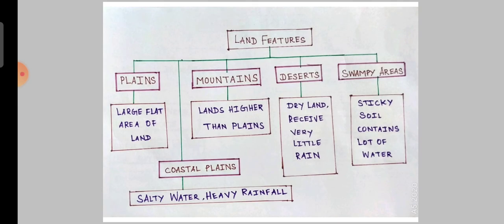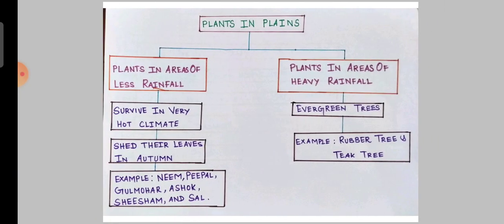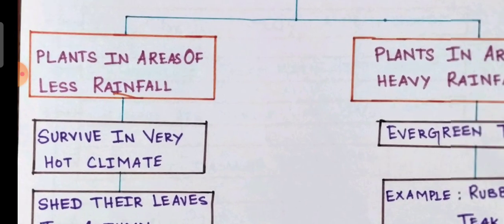So now we will see all the types of plants in detail. In terrestrial plants, plants which grow in plains are divided into two categories: plants in areas of less rainfall and plants in areas of heavy rainfall.